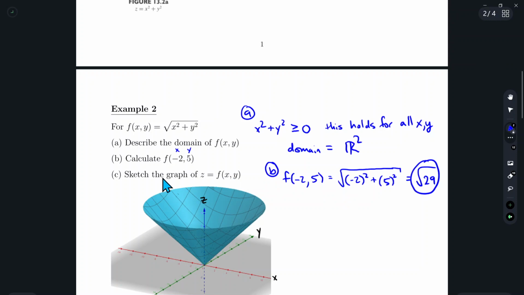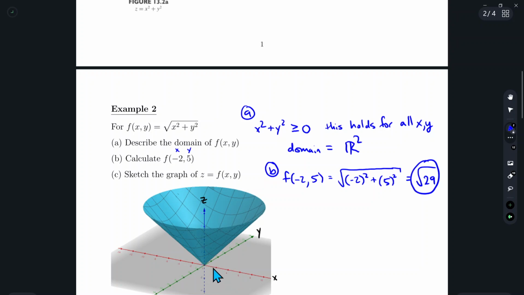Okay, and then finally, we sketch the graph of the function. I've already copied a picture of the GeoGebra output here. One thing to be careful about is that in GeoGebra, the red axis is the x-axis, the green axis is the y-axis, and the blue axis is the z-axis.